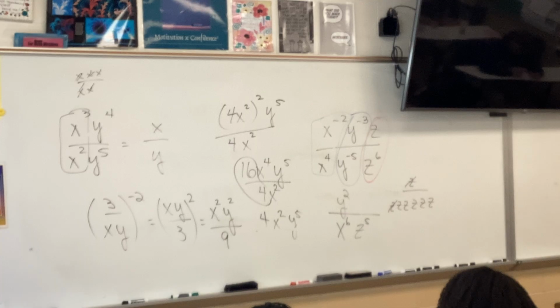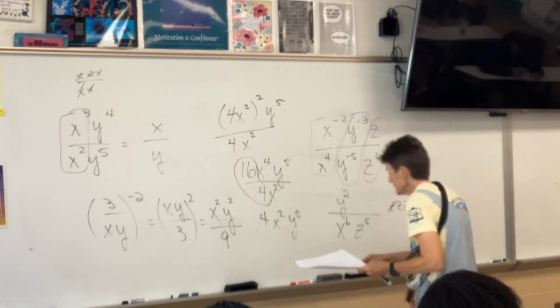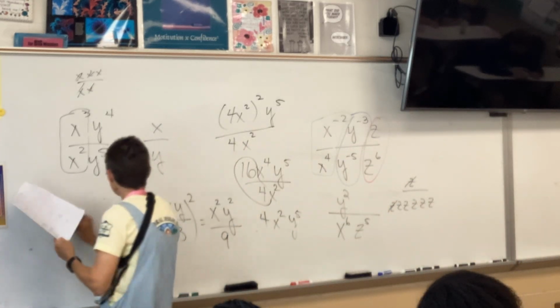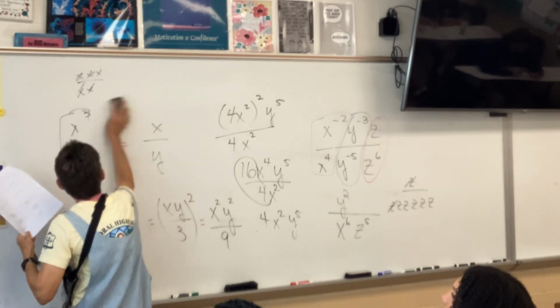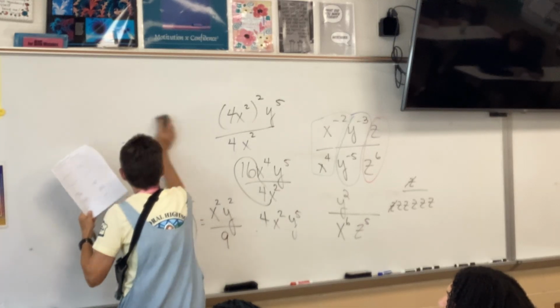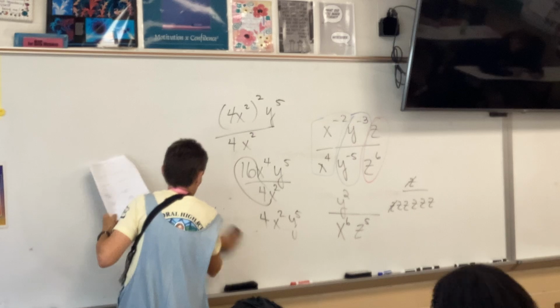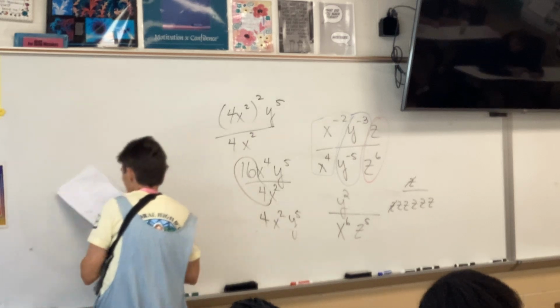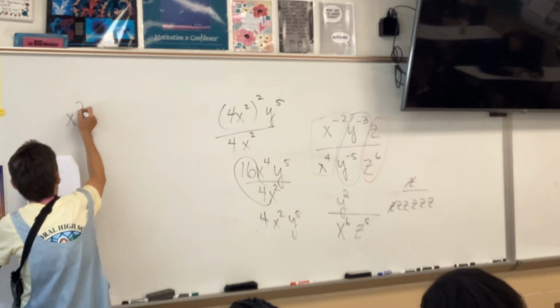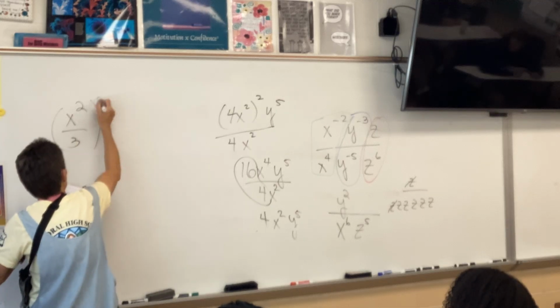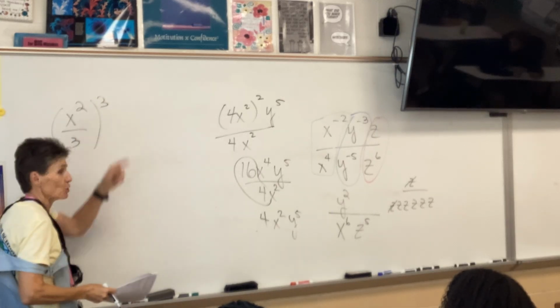All right, E, I don't even think I need to write this one down. Can anybody tell me what E is? One guess is X to the fifth over 27. Let's talk about that. What does it mean when we cube something?